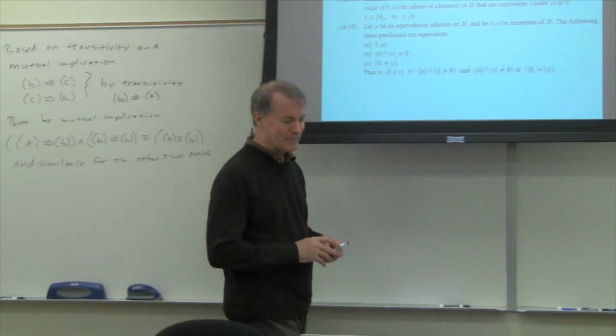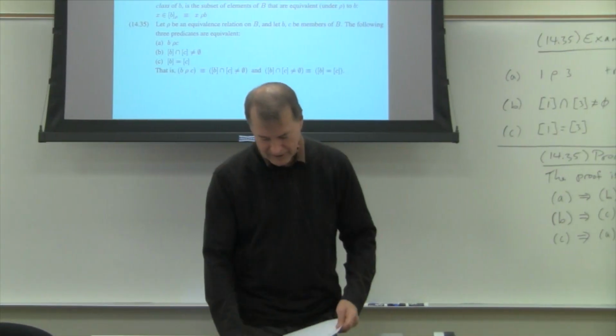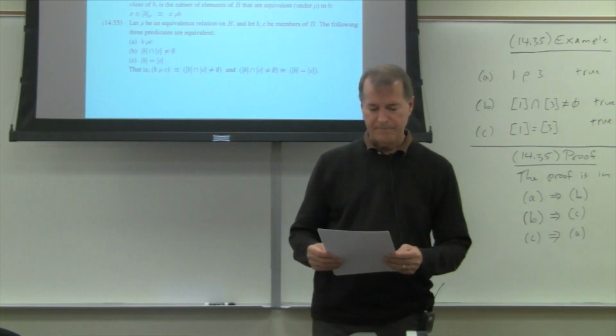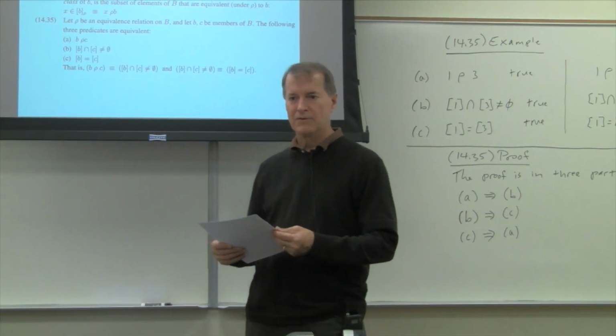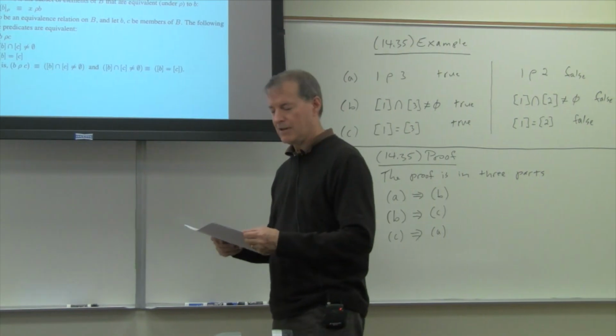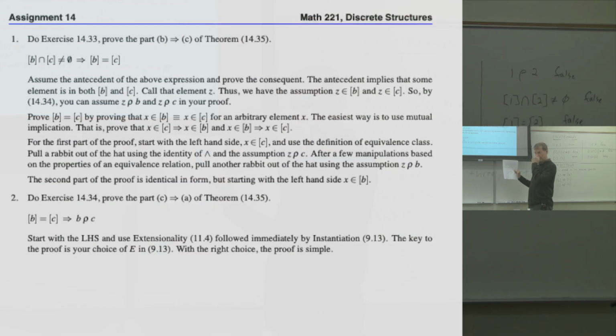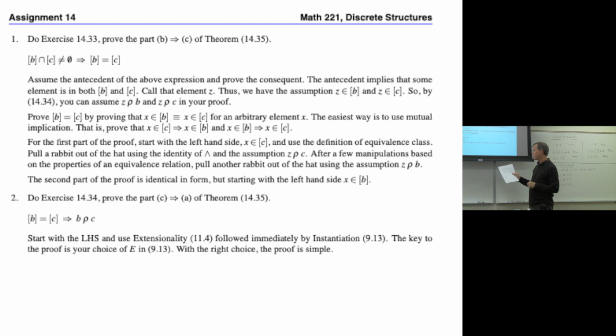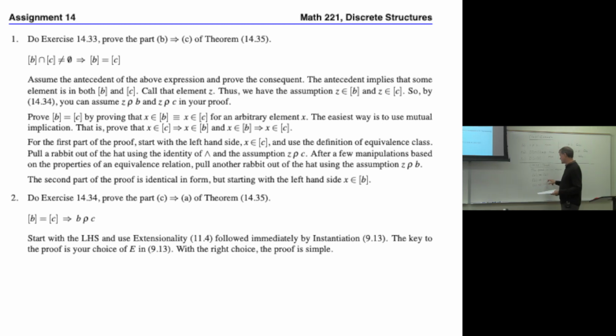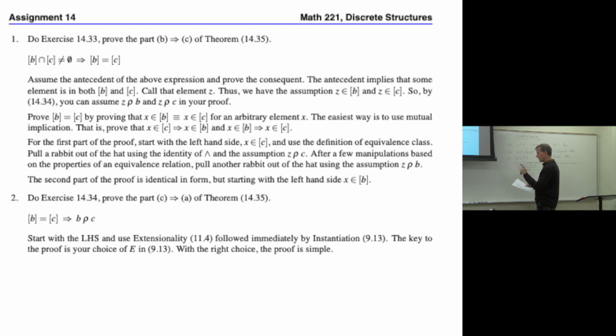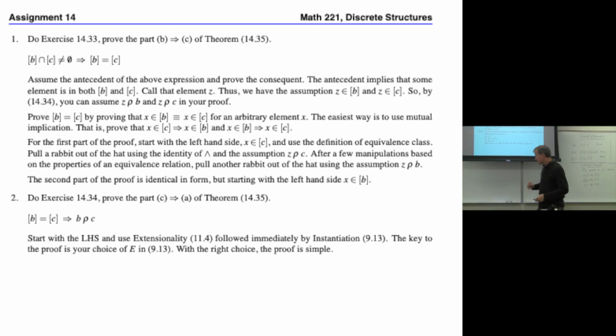Now there is on the web page, for those of you who don't have access to this right now in class, I have hints for how to do 14.33 B implies C, and 14.35 B implies C, and 14.35 C implies A. It's exercise 14.34. So I'll hand these out. And there's quite a few little details there, but I'll let you read that.